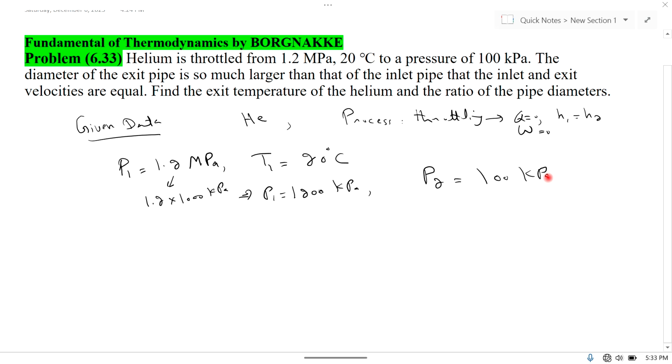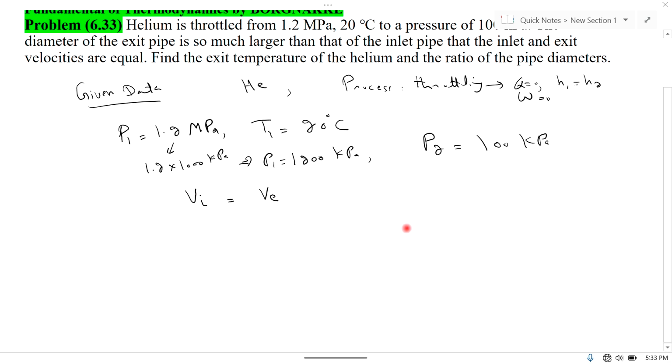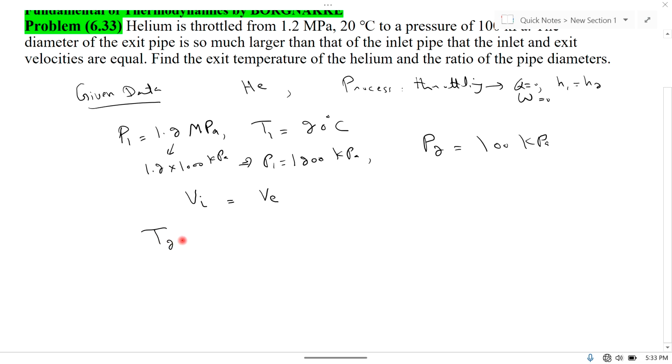The diameter of the exit pipe is so much larger than that of the inlet pipe that the inlet and exit velocities are equal. It means that V of inlet is equal to V of exit. In some books this is denoted by C and in this book it is denoted by V, so both are correct. Find the exit temperature of the helium T2 and the ratio of the pipe diameter D2 divided by D1. These are the required values.